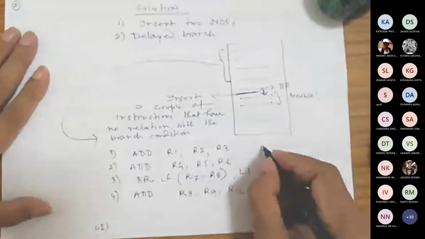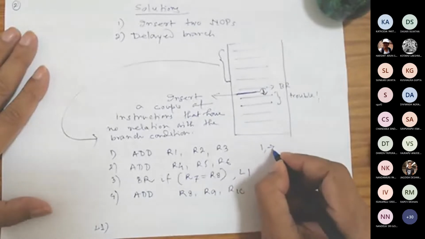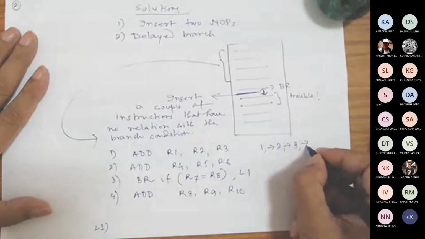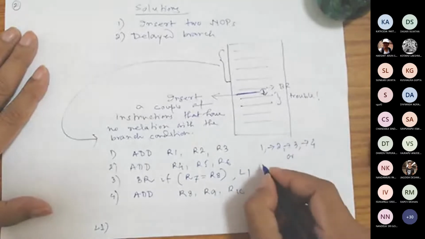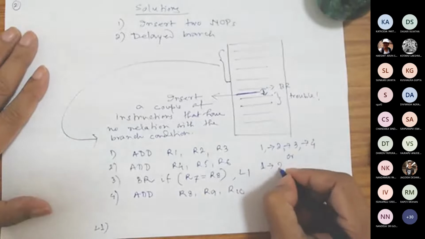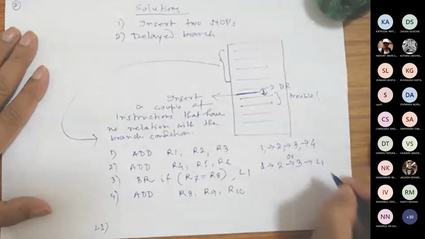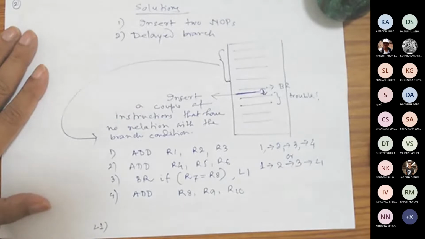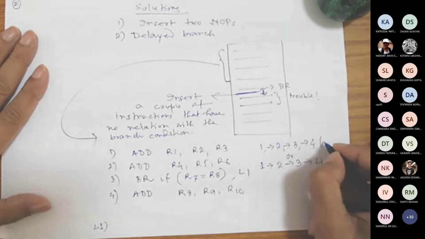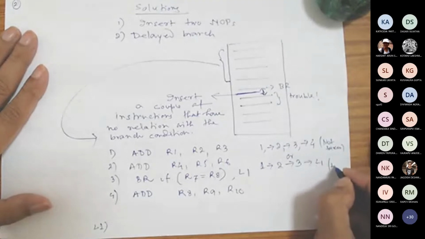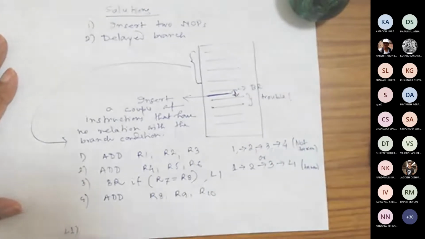So the order is 1 followed by 2 followed by 3 followed by 4, or 1 followed by 2 followed by 3 followed by L1. When not taken, and when the branch is taken. These are the two paths.